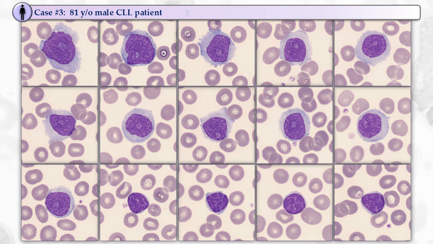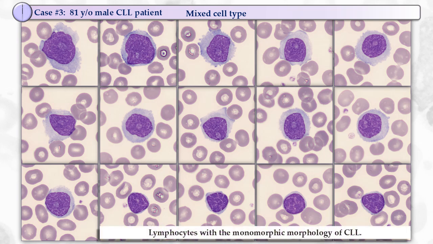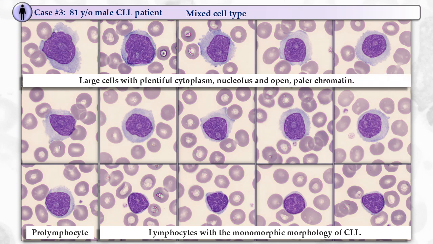This patient is a case of B-CLL mixed cell type, with heterogeneity of size and morphology of lymphoid cells, consisting of lymphocytes with the monomorphic morphology of CLL, typical prolymphocytes, and large cells with plentiful cytoplasm, nucleolus, and open chromatin.